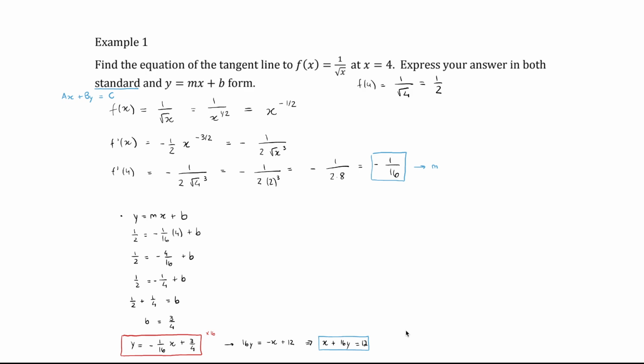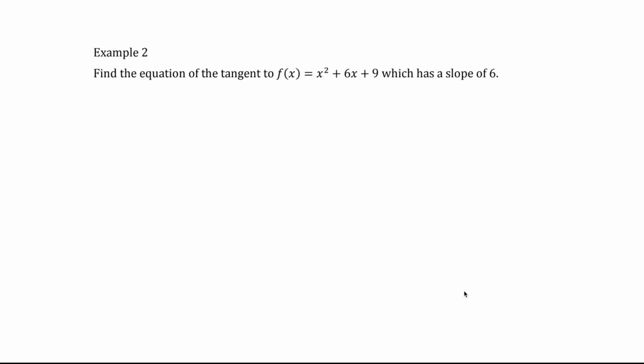Okay. Let's take a look at another example here, example 2. Find the equation of the tangent to f of x is equal to x squared plus 6x plus 9, which has a slope of 6. So this question is slightly different, okay?